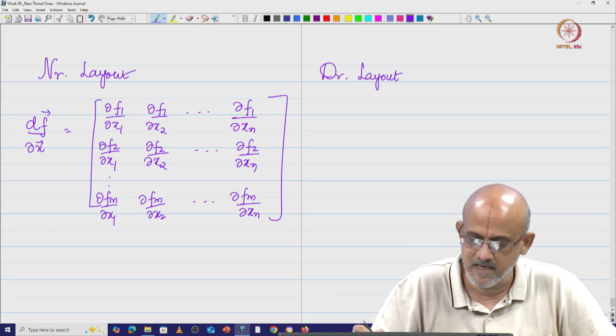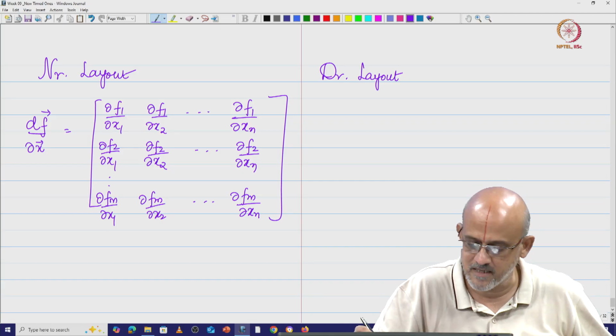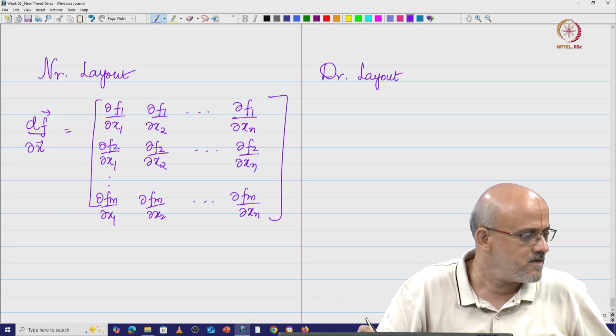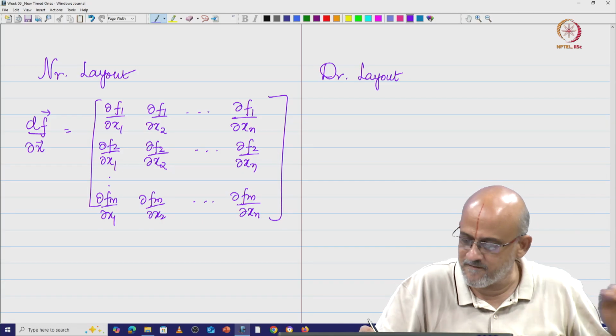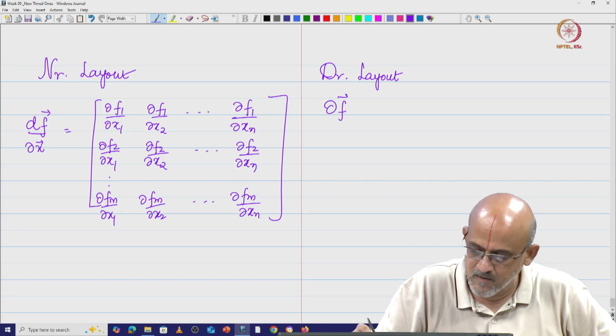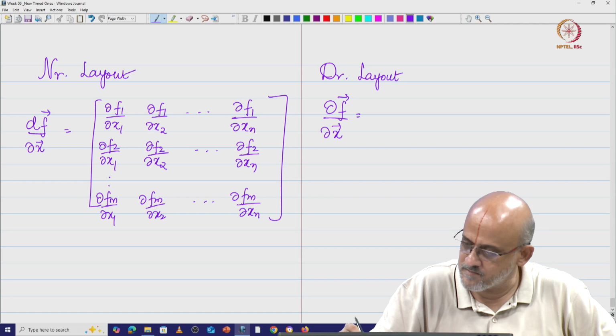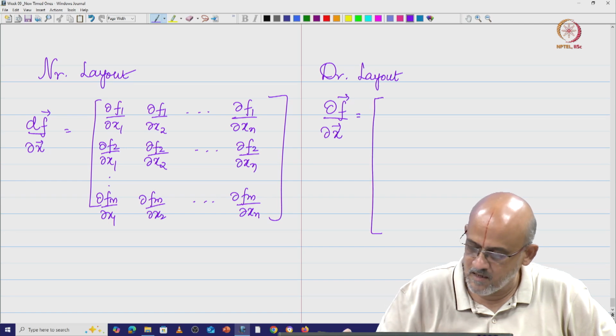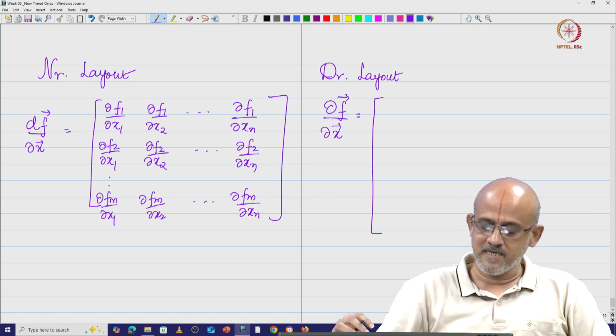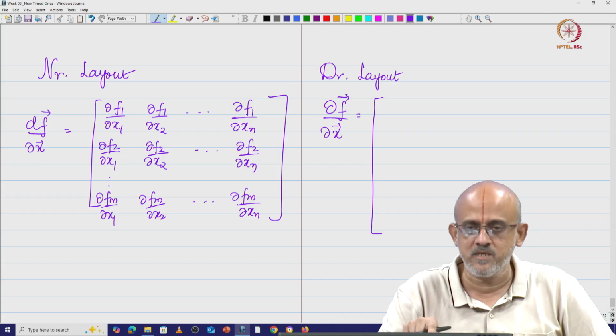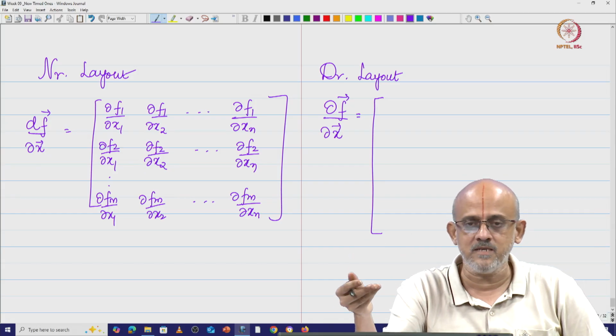So, this is your numerator layout, and let us look at the denominator layout. The denominator layout is going to look like this: dou f vector divided by dou x vector is equal to, now what am I going to do here, I am going to take the transpose of the gradient. When I use the gradient as the row vector, now I am going to transpose it.